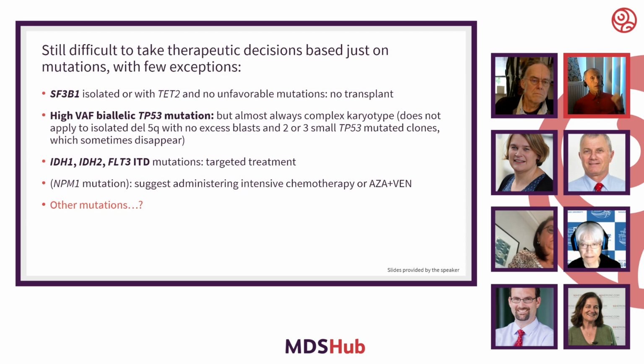But for me, mutations add to therapeutic decisions only in the case of SF3B1, as I said, TP53, IDH1, IDH2, FLT3 ITD, and NPM1. But for the other ones, I must say I'm still quite skeptical if it's just the mutations, and in particular a patient who is not anemic, etc. So I would wait. Next slide.